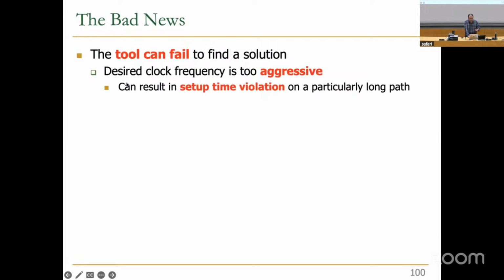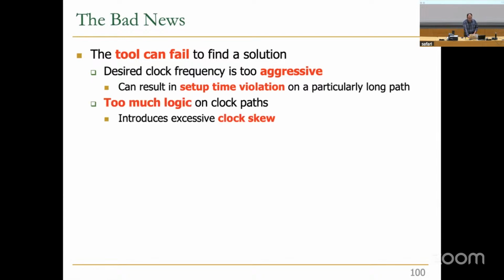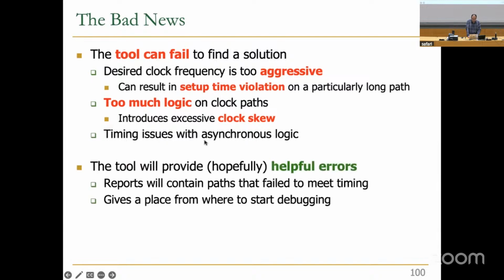And the desired clock frequency might be too aggressive and can result in setup time violation, for example, on a particularly long path. Or you might have too much logic on clock path that can introduce excessive clock skew. As I said, you should avoid having too many logics on your clock path. And timing issues with asynchronous logic can also cause issues.